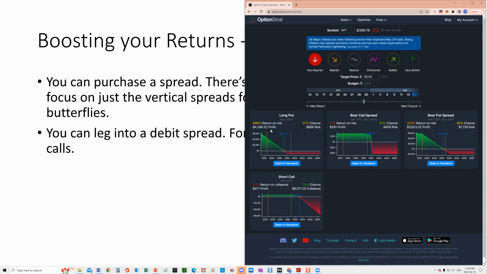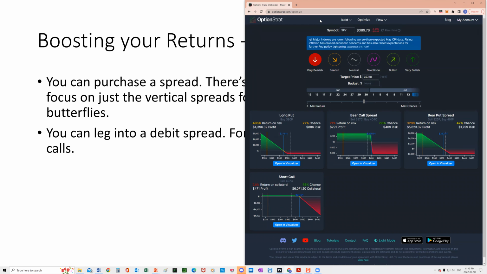So, hey, you can get a 380 put, and it'll cost you 886 bucks. And if it drops down to 320, well, you make a huge percent return. But this is what I like, right? With a spread, you can actually get pretty good returns without having to put up as much risk.